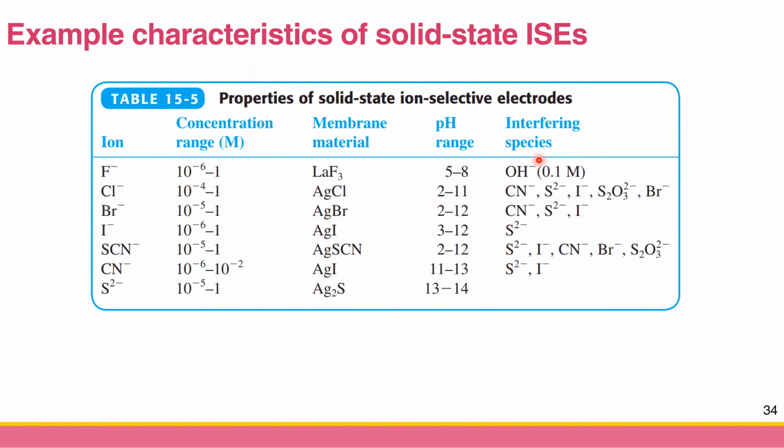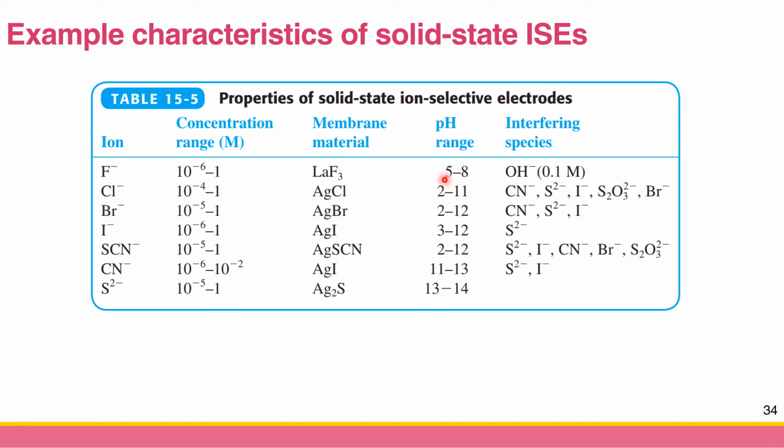You would create a specification for each electrode: the good concentration range, what it is made from, and the pH you can use it at, because one factor that affects the performance of the solid state electrode is the pH.